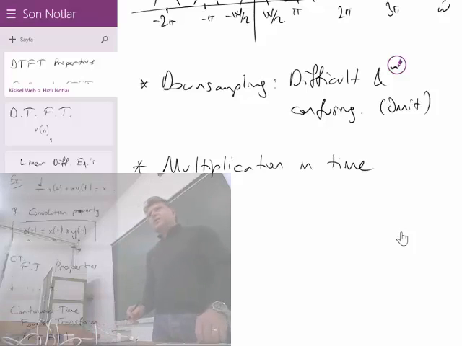Do you remember what multiplication in time corresponded to in the continuous time? When you multiply two signals, x of t with y of t, or let me be more precise, for example, if you multiply x of t with a cosine signal, a sinusoid at high frequency, we gave a specific name to that. Do you remember the name?